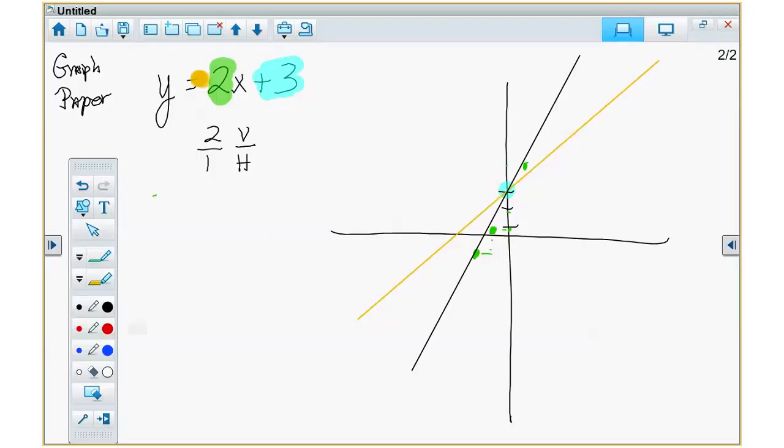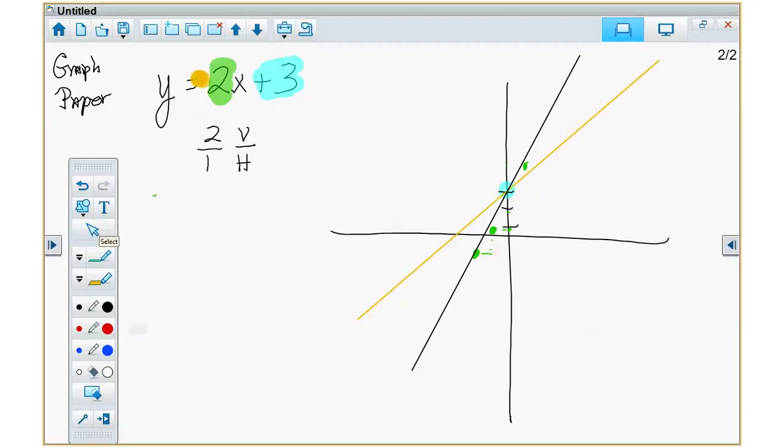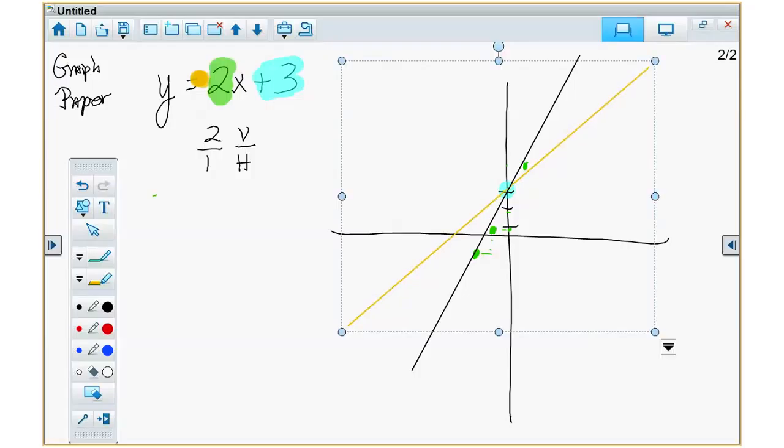Now, once you get this line, what can you do with your trace line? Do you need it anymore? No. It's supposed to be able to hit it. Let me do it with the mouse because this pen is not right. So, oh, there it is. I have done it.